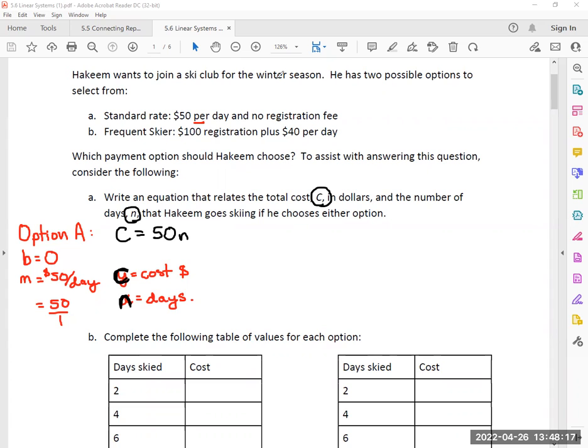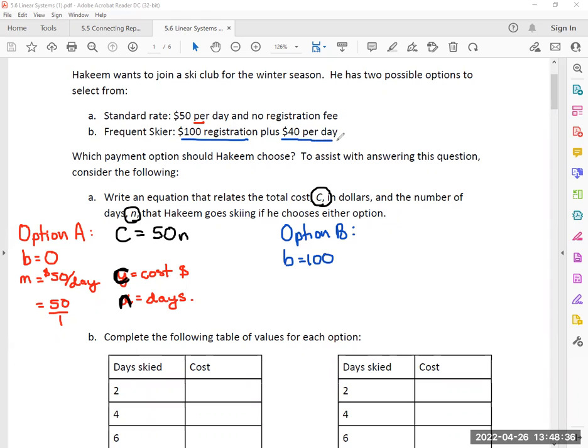Time to do option B. I'll go through this relatively quickly. Because there's a registration fee, I know that my starting amount is 100.